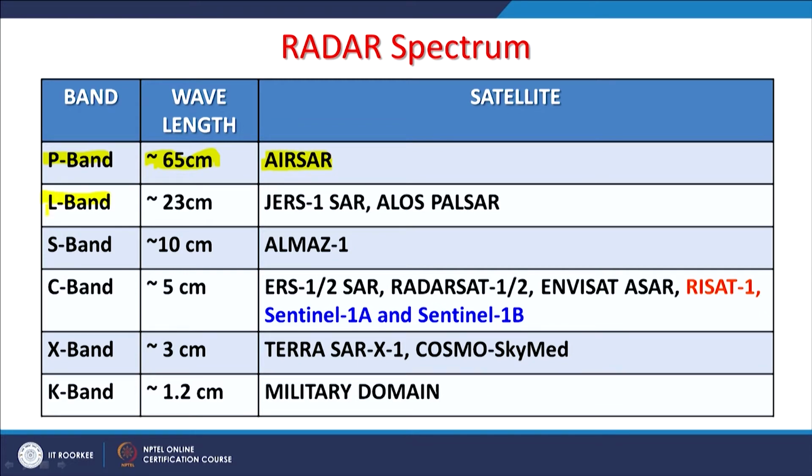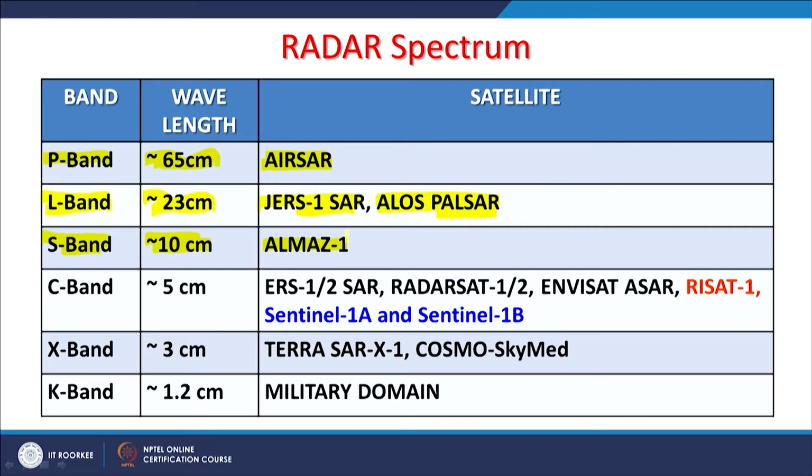The L band is another, a very common band, located around 23 centimeter in the microwave spectrum, and a very popular sensor is ALOS PALSAR of Japan. JERS SAR also has the L band. Then the S band is about 10 centimeter, and ALMAZ-1 is there.